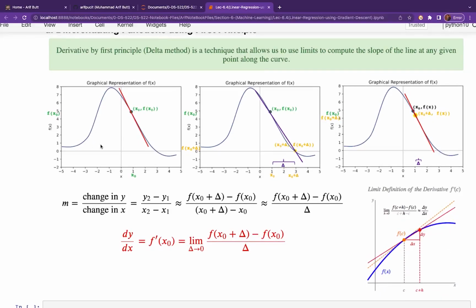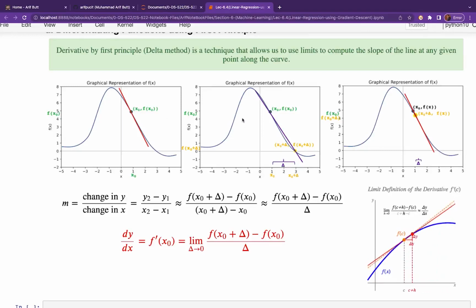Consider this leftmost graph and suppose that we want to find the slope of this function at point x0, which is the slope of the tangent line at this black dot on this blue curve. Now we know that to calculate the slope of a line we need at least 2 points.